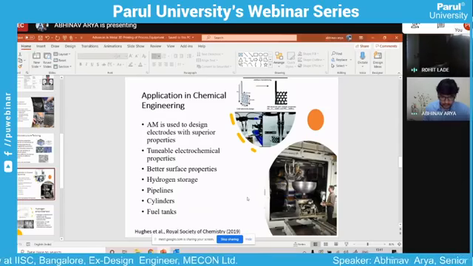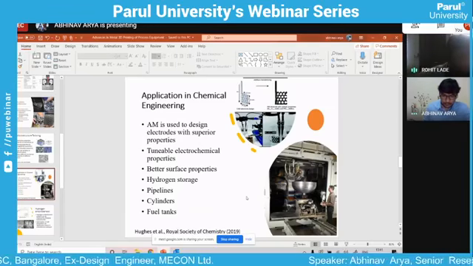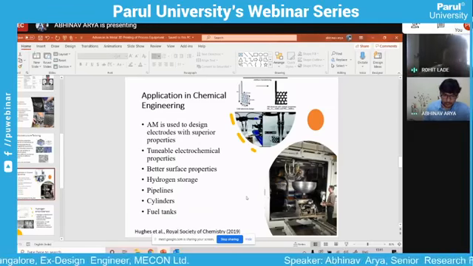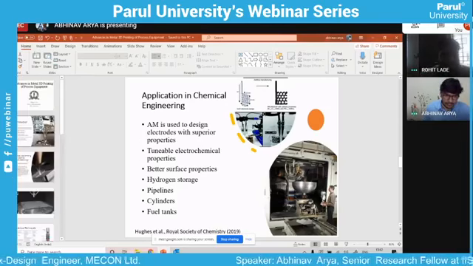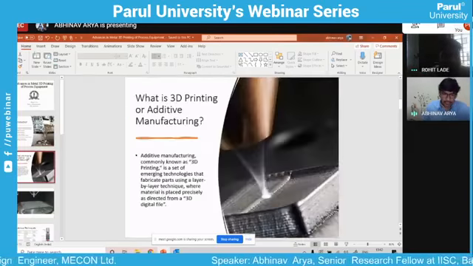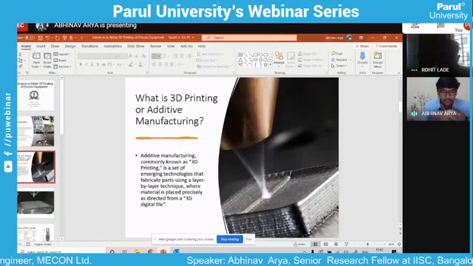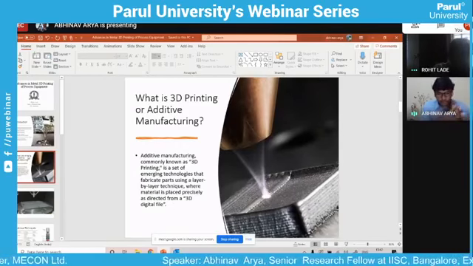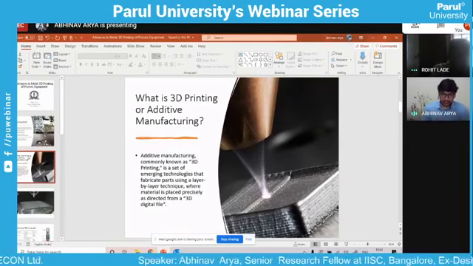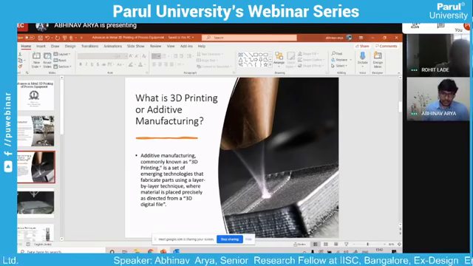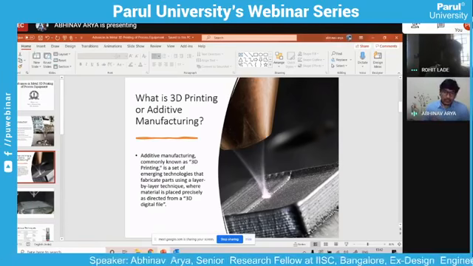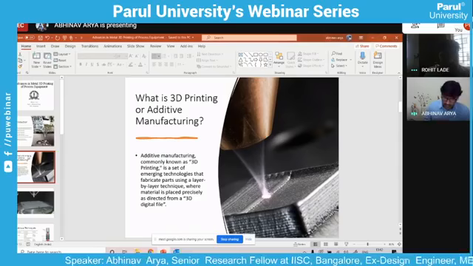One guy asked, what is the difference between additive manufacturing and 3D printing? It is the same thing. 3D printing is a more commonly known name, for the general public. Essentially what we are doing is manufacturing layer by layer.